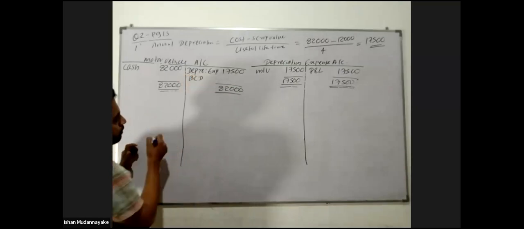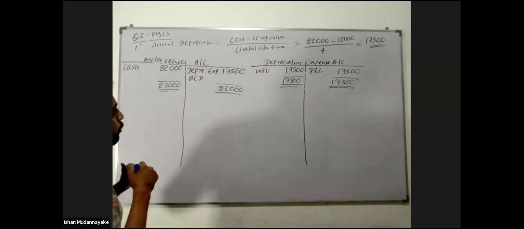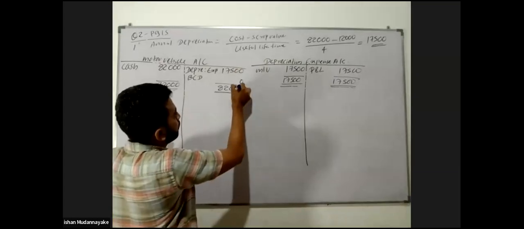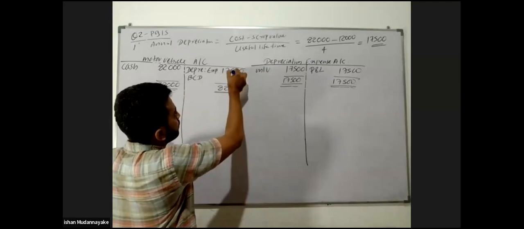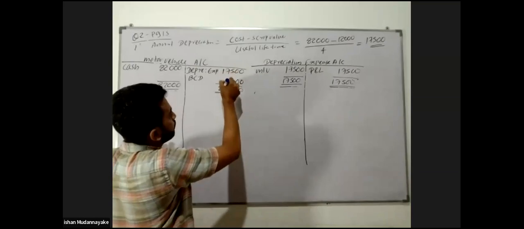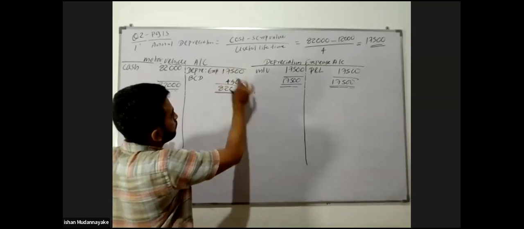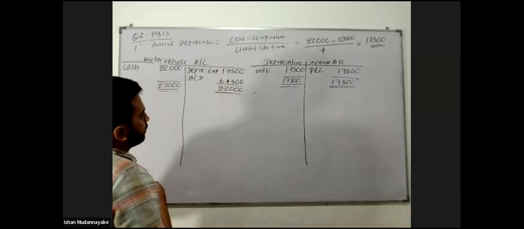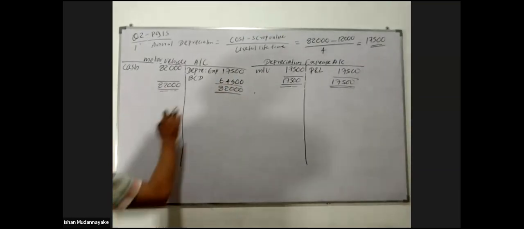Balance carried down. How much balance carried down of motor vehicle? 64,500.